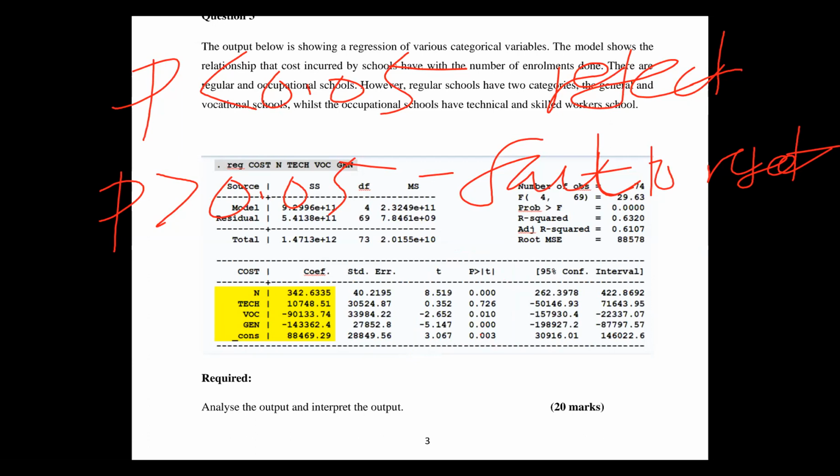So using the P value, look at the first variable. You remember the ruling that you made using the T statistic? You said you rejected, isn't it?